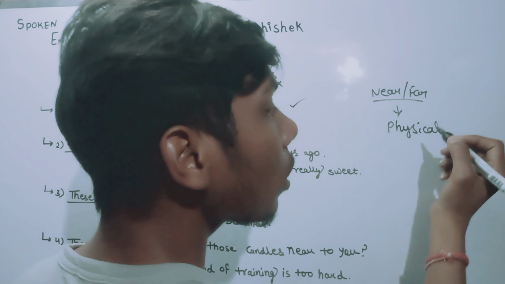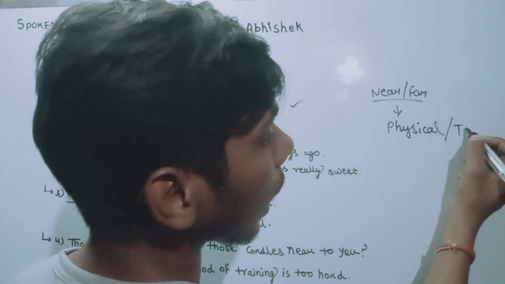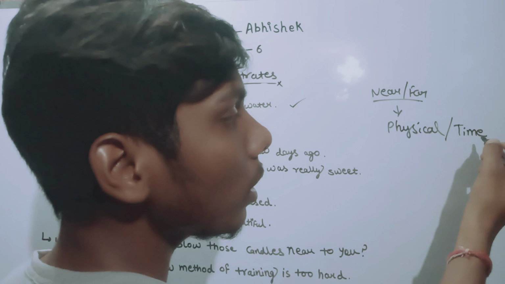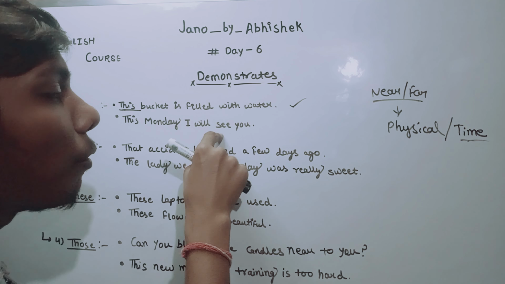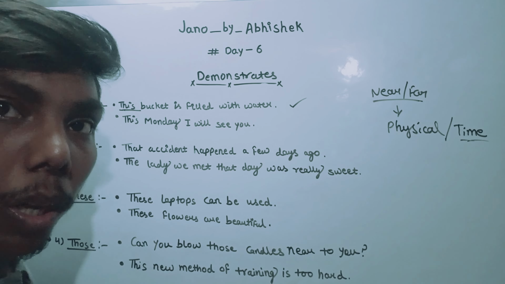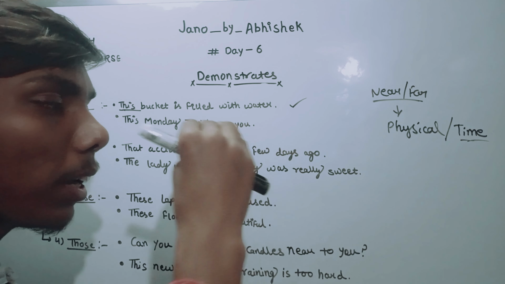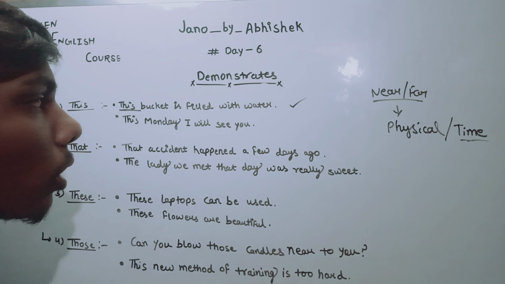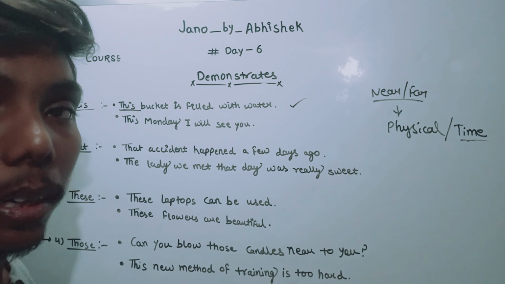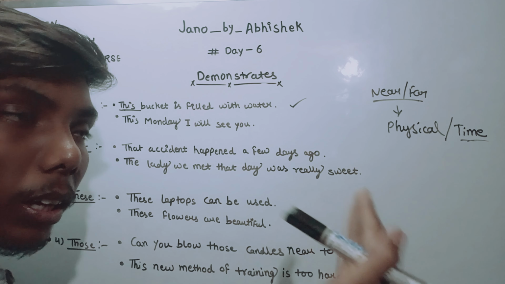But it can also be in time. Now here I said this Monday I will see you. Let's suppose today it is Friday. Then I want to point out the Monday which is going to come. So in that case it is near to us. It means it is just going to come.